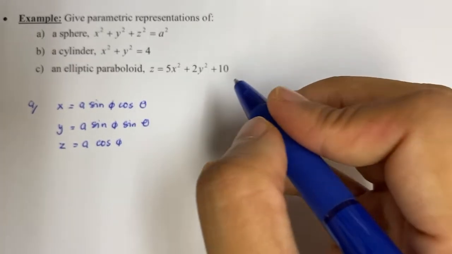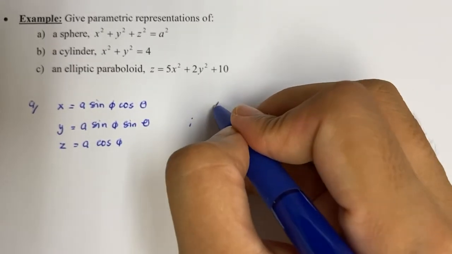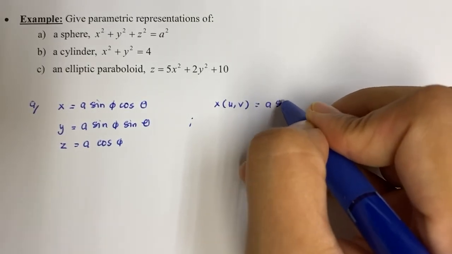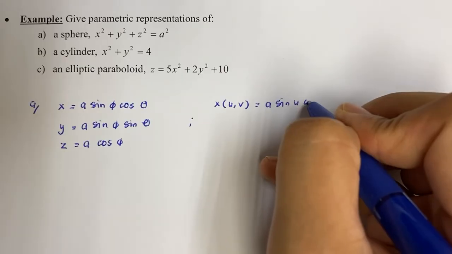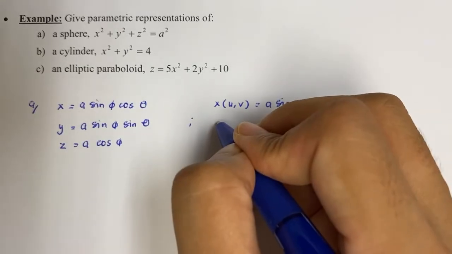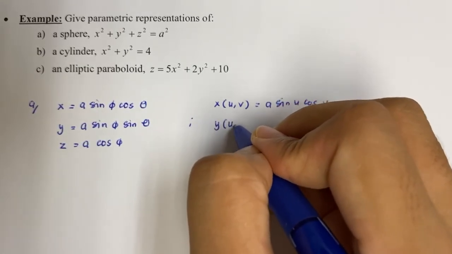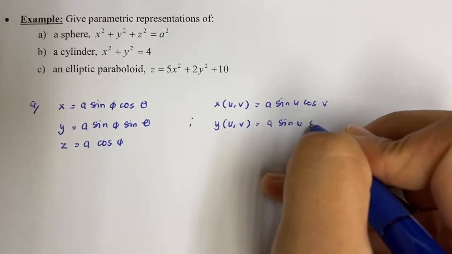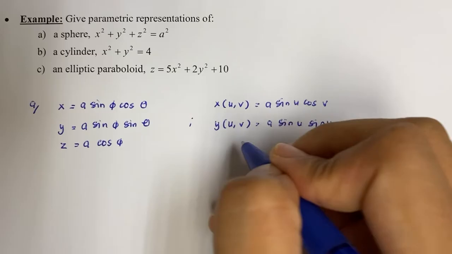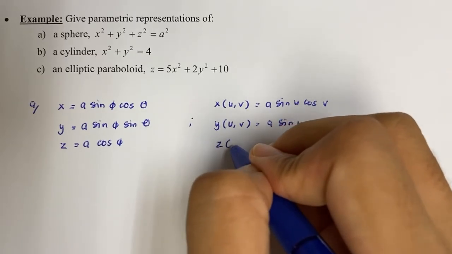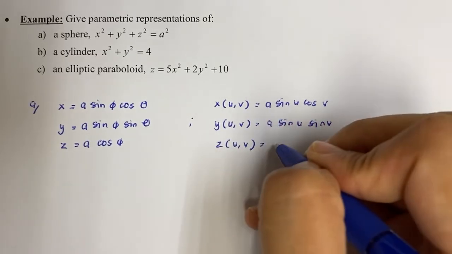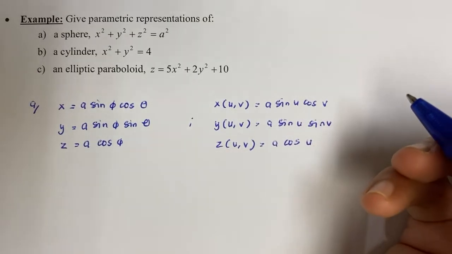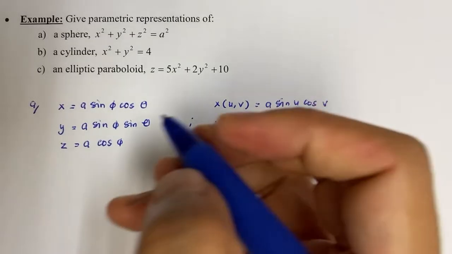Or we can write it as x(u,v) equal to a sin u cos v, y(u,v) equal to a sin u sin v, and z(u,v) equal to a cos u. So this is the parametric representation for a sphere.